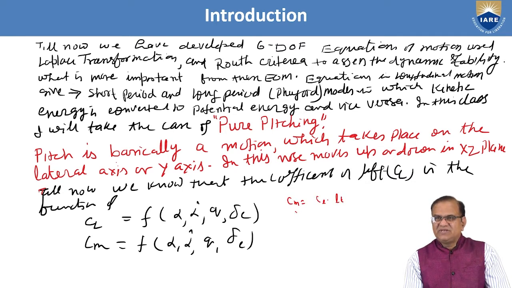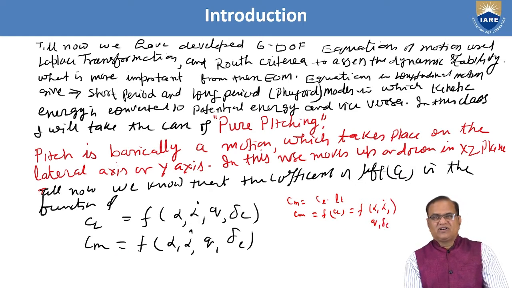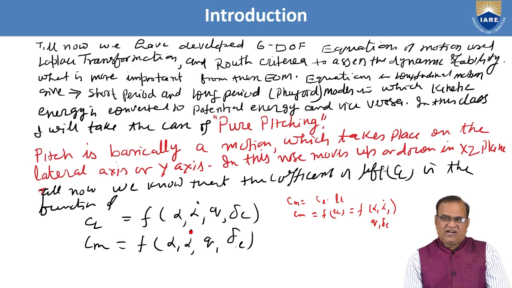So Cm is also a function of CL, and this is again a function of alpha, alpha dot, Q and delta E. So this coefficient of moment is also a function of alpha dot, Q and delta E, where alpha is the angle of attack, alpha dot is the rate of change of angle of attack, Q is the pitch rate, and delta E is the elevator deflection.